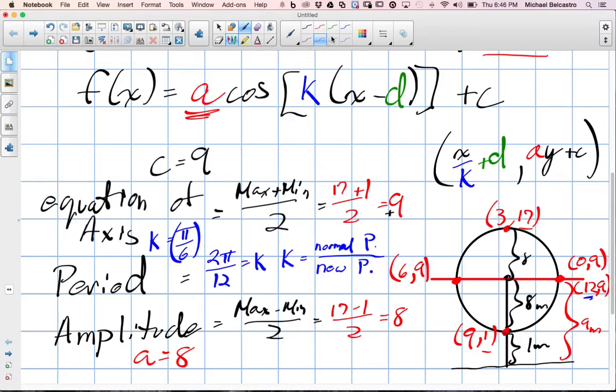So we've set up a lot of our info. The only thing left is our d. Now our d is going to vary depending on whether we're using our sine or our cos, because the sine and cos are roughly the same thing. They just have a phase shift horizontally. What we need to happen is we need ours to phase shift. So let's plug these values into our graph.